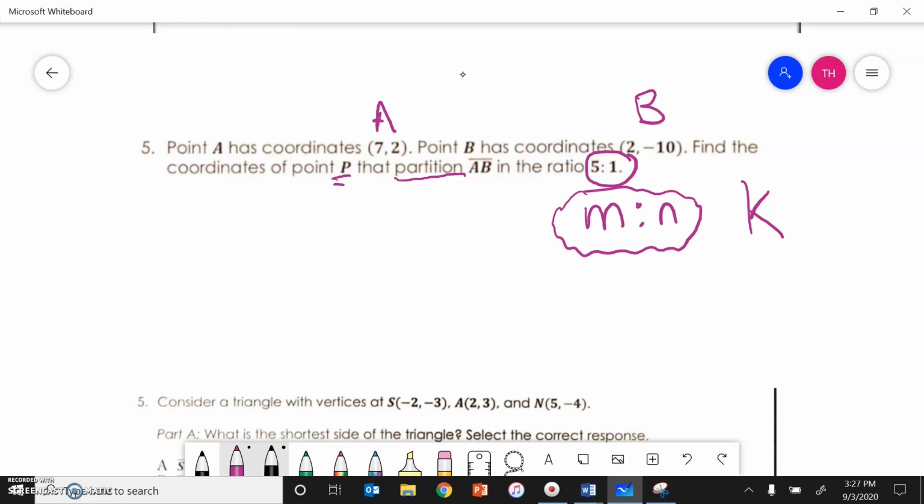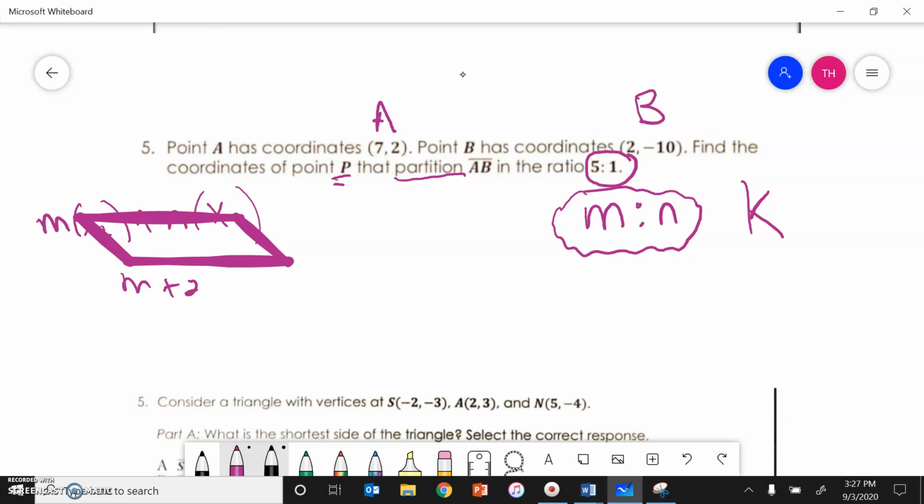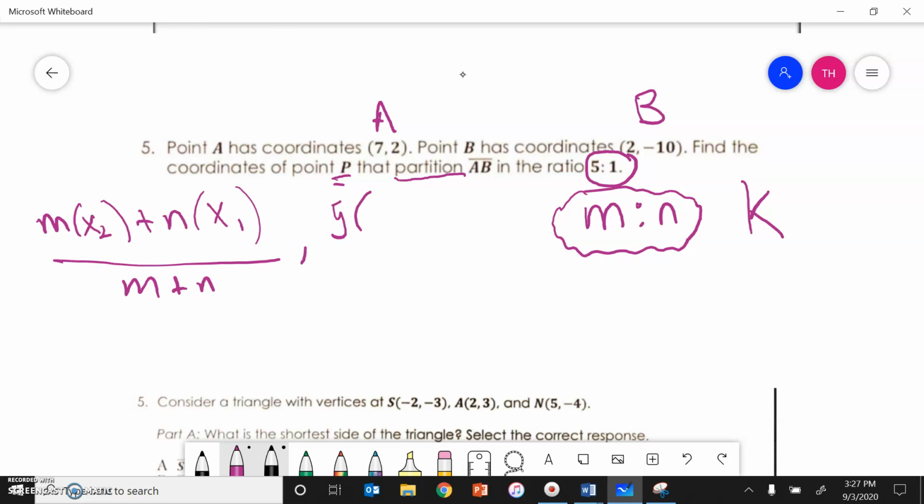Okay, and I believe it said M times x2 plus N times x1 all over M plus N. And then Y: M times Y2 plus N times Y1 all over M plus N.